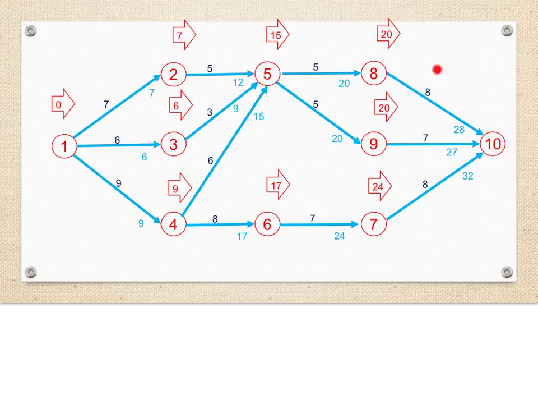We then add the durations to the earliest start times to get earliest finish times of 28 days for task 8.10, 27 days for task 9.10, and 32 days for task 7.10. Thus, we select the project due date of 32 days from the start of the project.